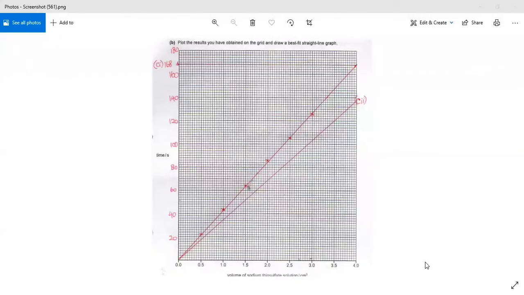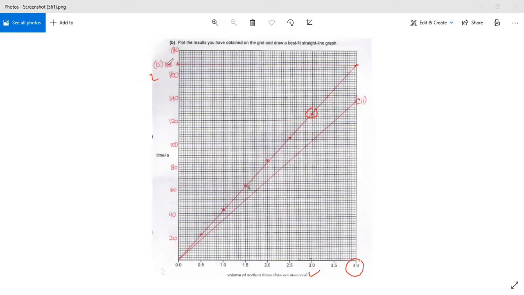Here, for 4 centimeter cubed, what could be the time taken so that the blue color disappears? Until 3 we have plotted. Here they are talking about 4 centimeter cubed of sodium thiosulfate. If you add that, what could be the time taken? So we have to do extrapolation until the last, so that you can find the time.